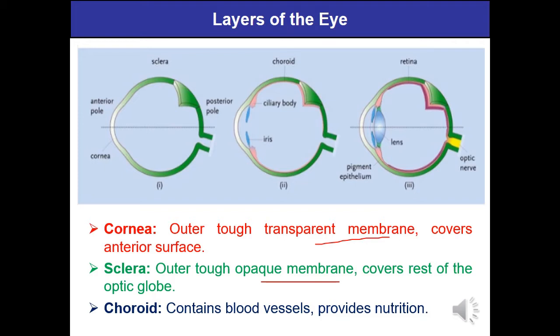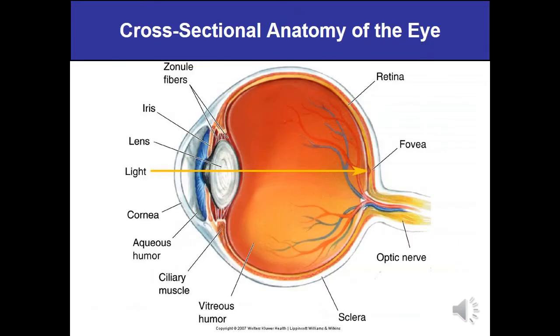So these are the 3 layers of the eye: cornea, sclera and choroid. Here you can see a cross-sectional anatomy of the human eye. It will help you understand the function of each and every part.